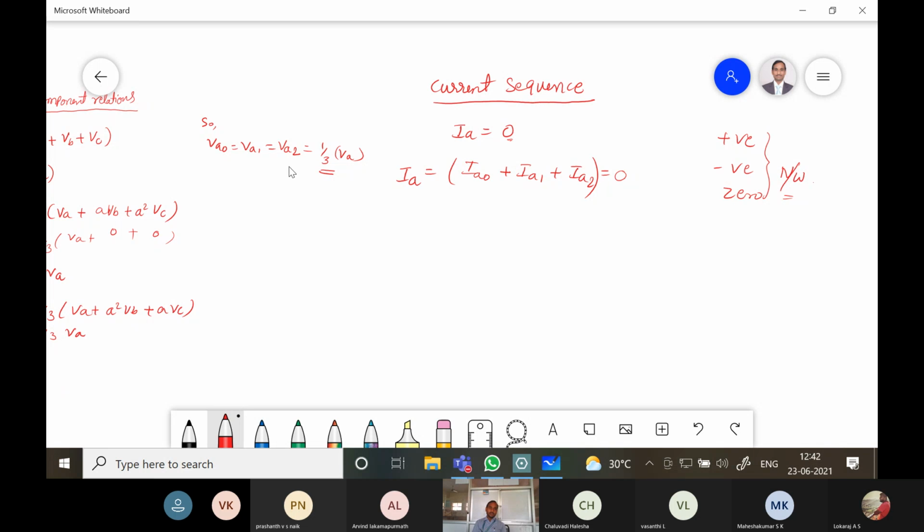Here all the voltages are equal, that is, the positive sequence voltage, negative sequence voltage and zero sequence voltage are all equal. In a parallel circuit all the voltages are equal and all the currents add. So by using the above equations, we will draw the positive sequence network, negative sequence network and zero sequence network in parallel.